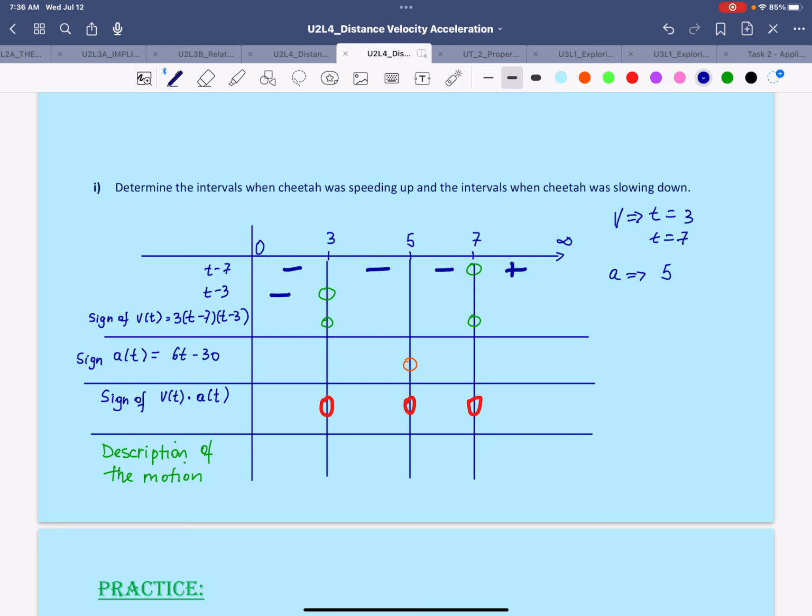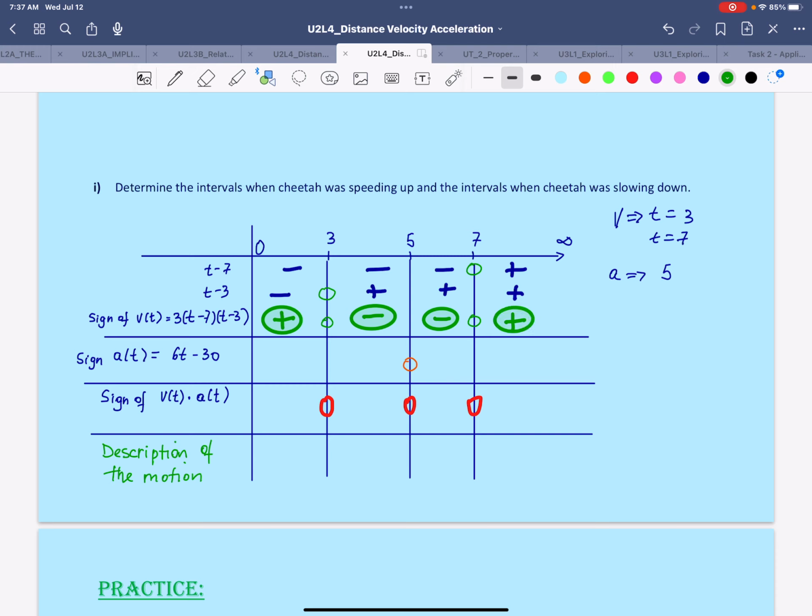Positive leading coefficient, linear function starts negative. After the 0, all positive. So we're going to say that velocity will be the product of two negatives, a positive, a negative with a positive, a negative, two positives, a positive. There goes the velocity everywhere.